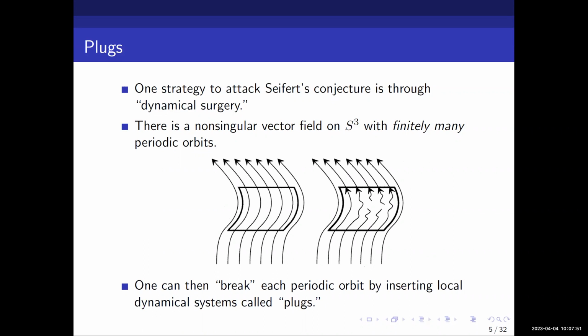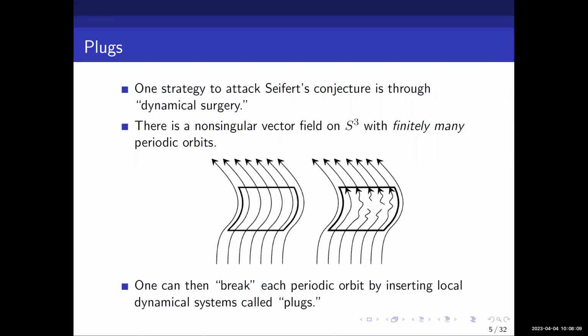To break an orbit, you need to glue in some sort of a local dynamical system, and you have to do this with some care. First of all, you need to glue on the level of the manifold, right?